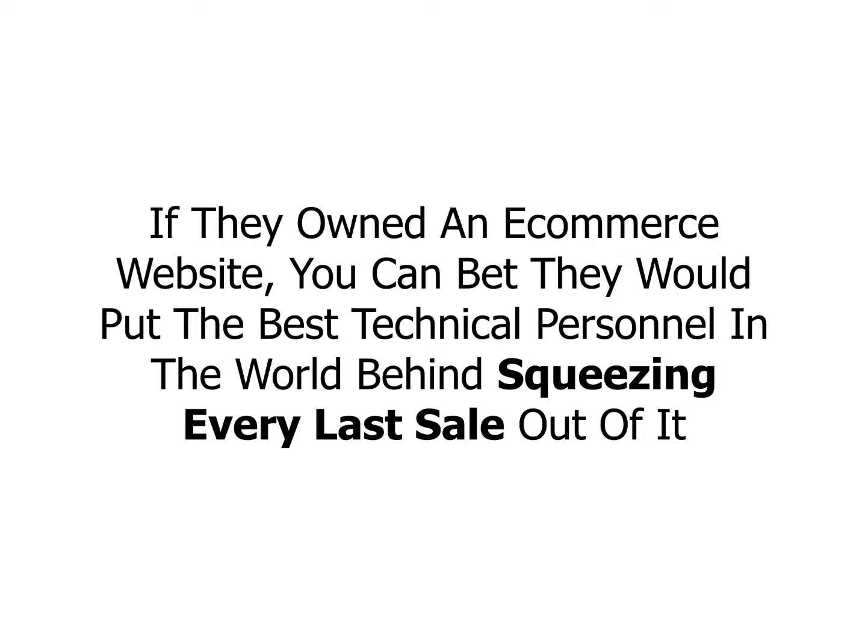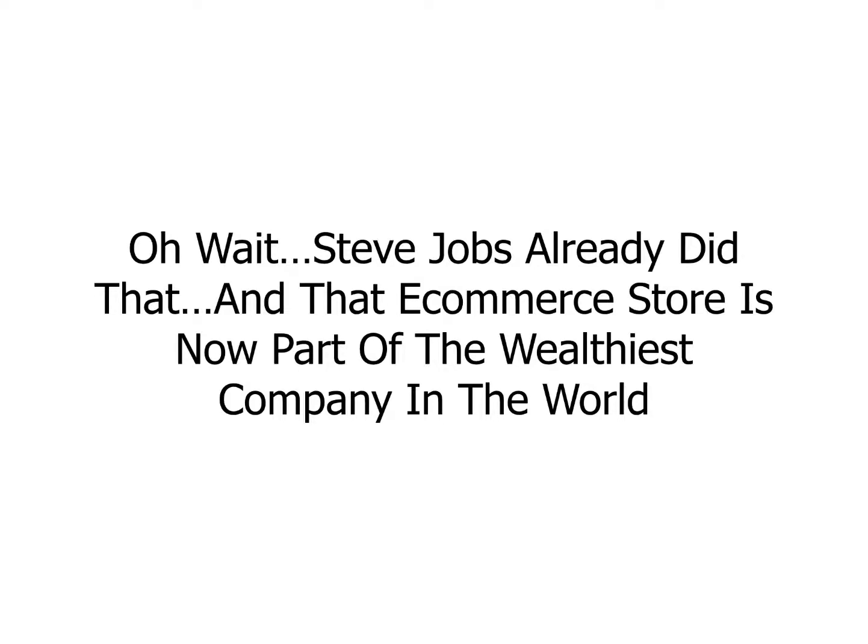If they owned an e-commerce website, you can bet they would have put the best technical personnel in the world behind squeezing every last sale out of it. But wait, Steve Jobs already did that, and that e-commerce store is now part of the wealthiest company in the world, and we all know who that company is.